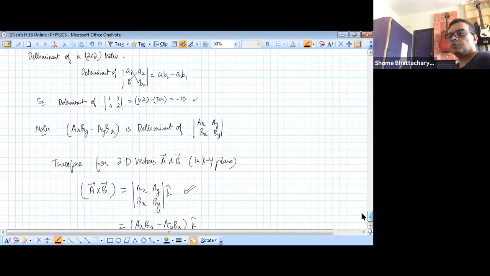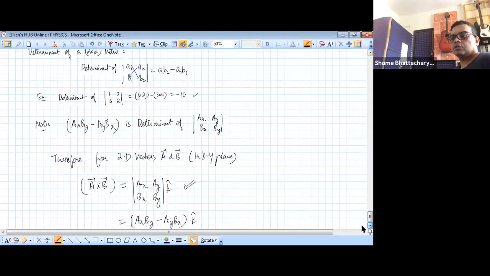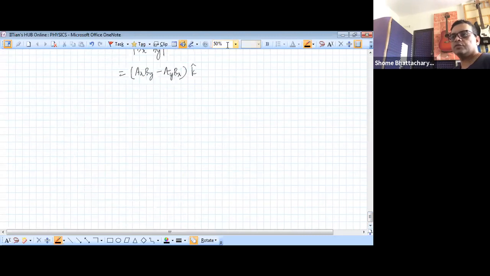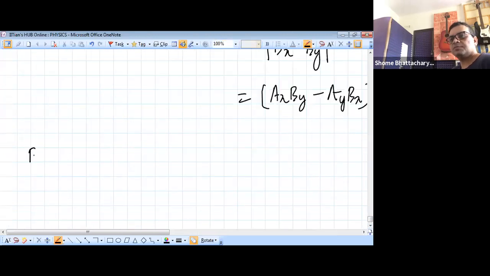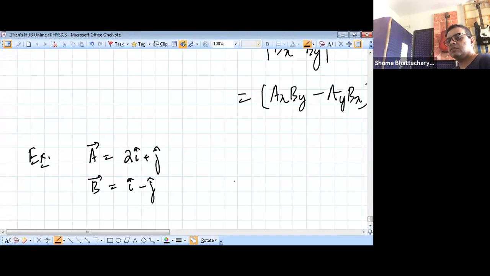Okay, people, so hope this formula is clear. Let's just see the quick application of few of these. For example, if I have the vector A, which is, let's say, 2i cap plus j cap, and the vector B is i cap minus j cap.